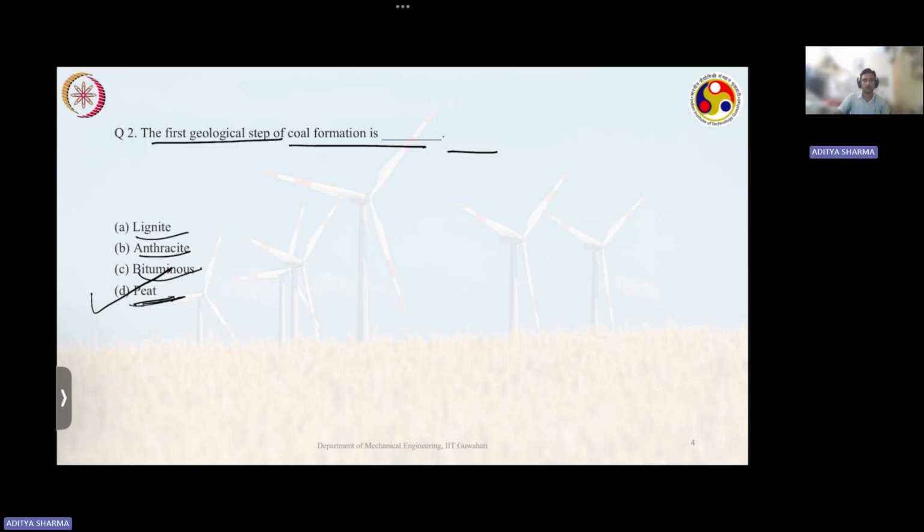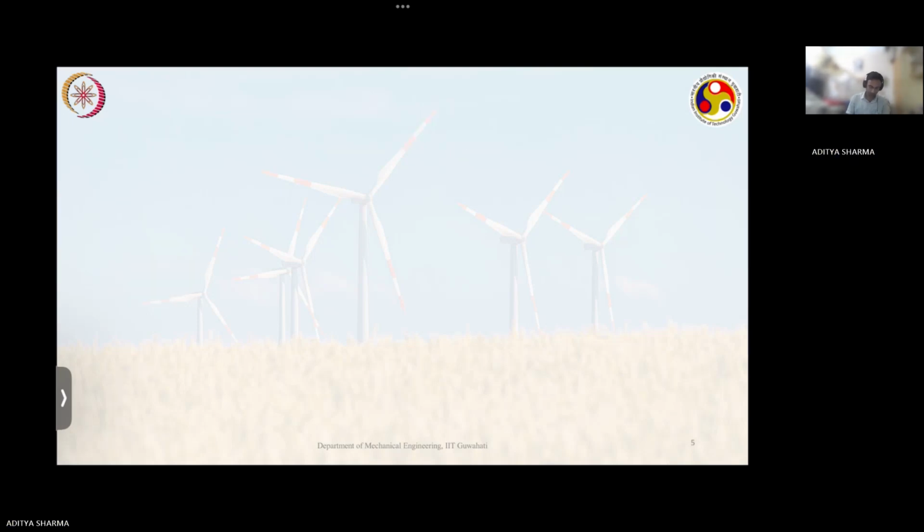So the answer to this is peat. So that's fact-based two questions. D is the answer to this question.